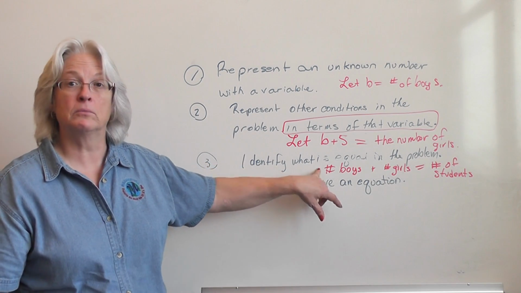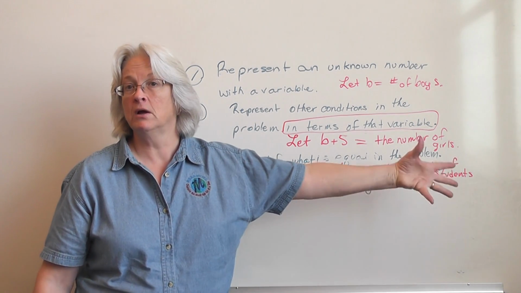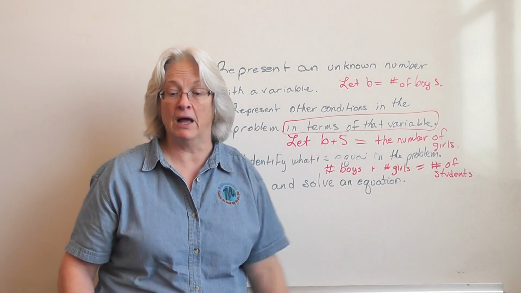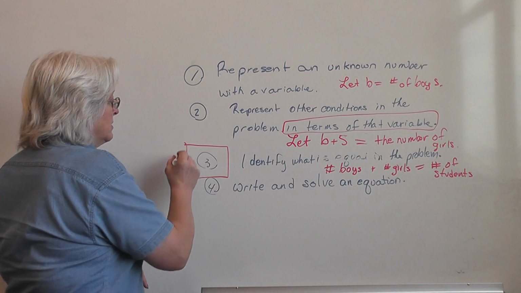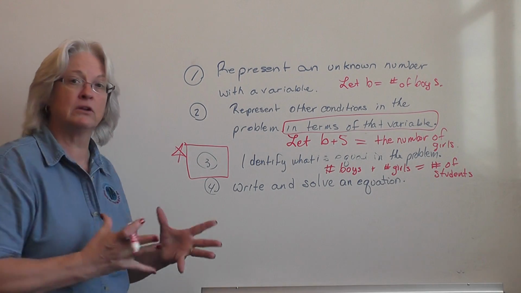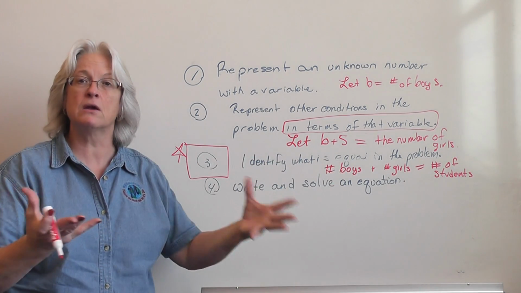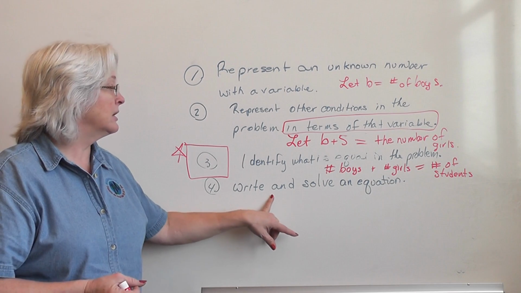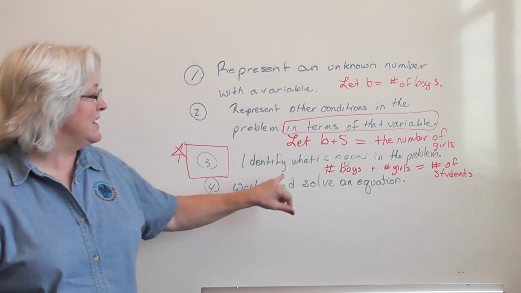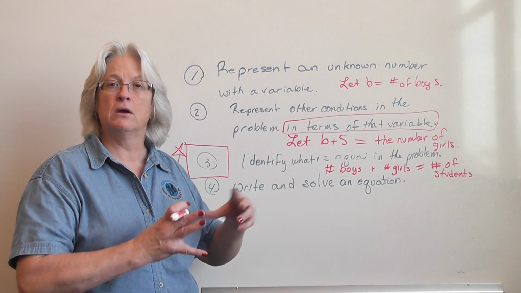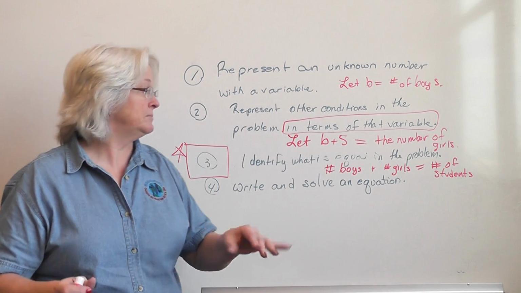And here, number of boys, number of girls, total number of students in the class. Once we have this piece of information down here, you have to know what you're looking for, you have to know what is equal. Then, and only then, can we go ahead and write and solve the equation, because we now have something in English that we want to translate into algebra.